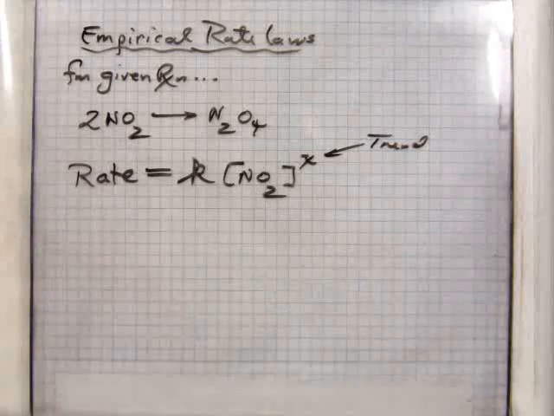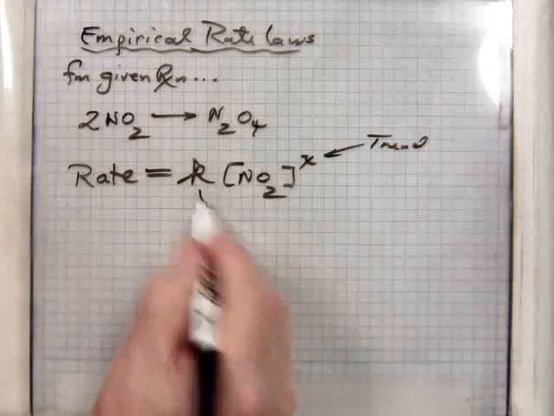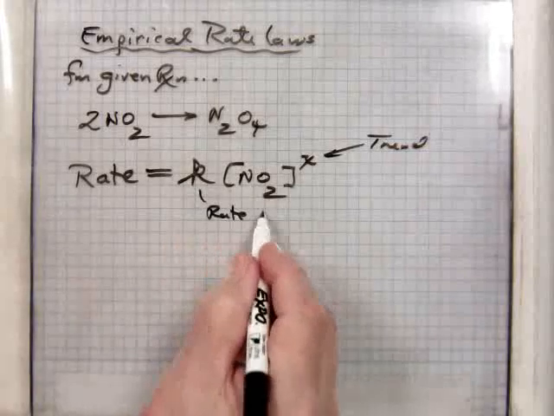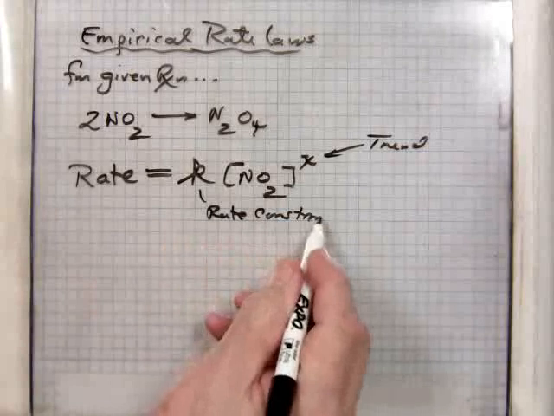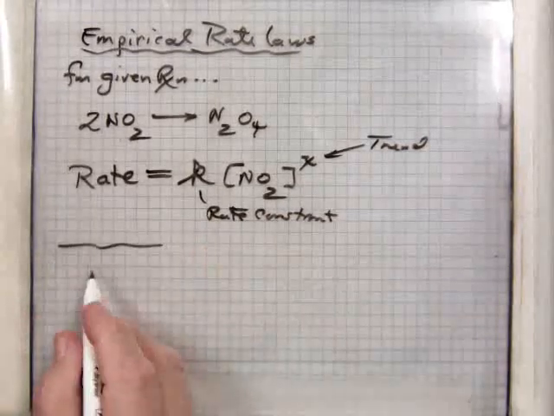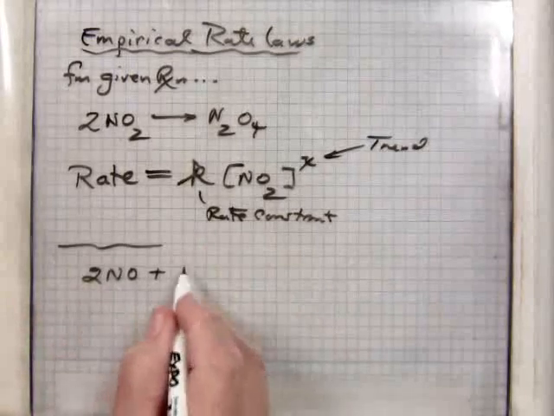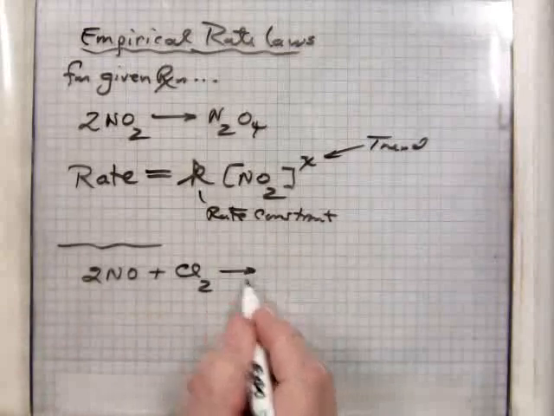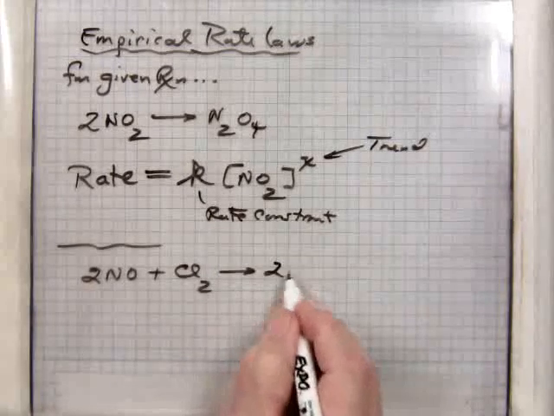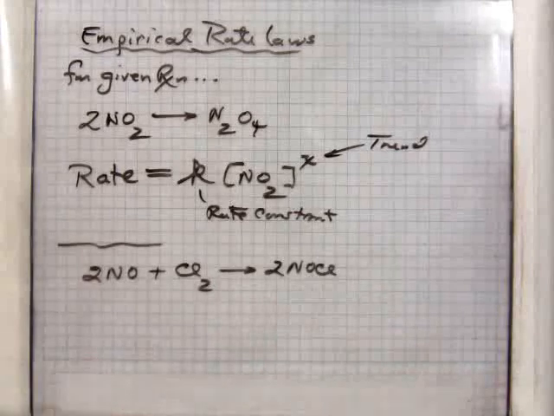We'll work through a few. Here's another one, just to show you what the issue is. 2NO is a gas plus chlorine goes to 2NOCl is a gas. Write the empirical expression for that.